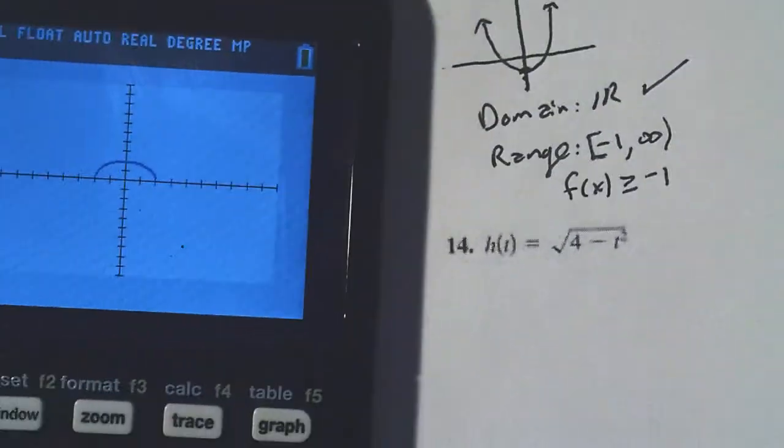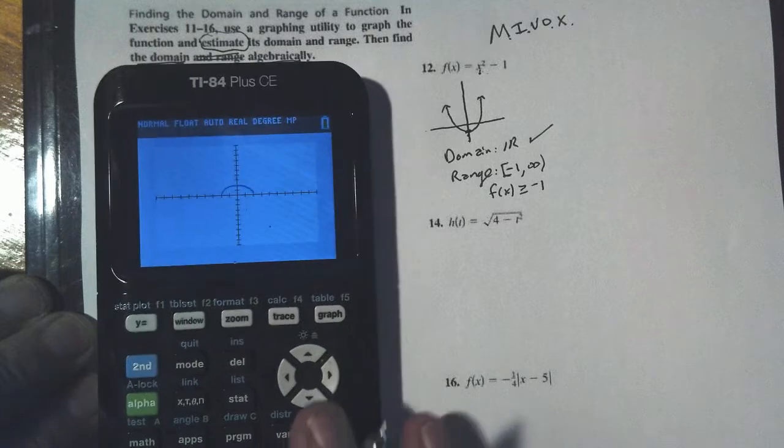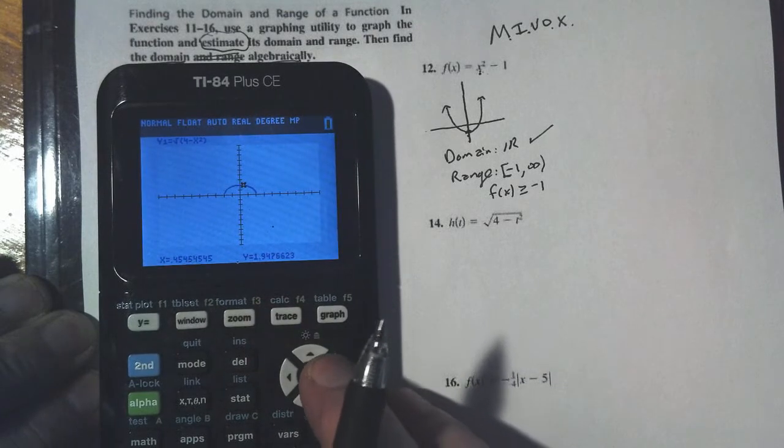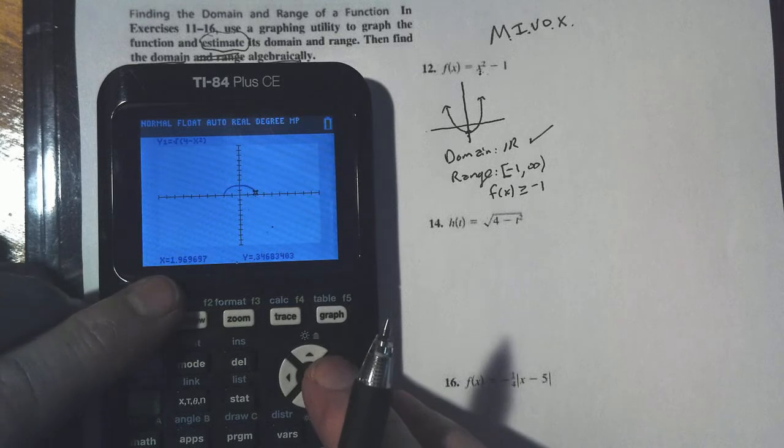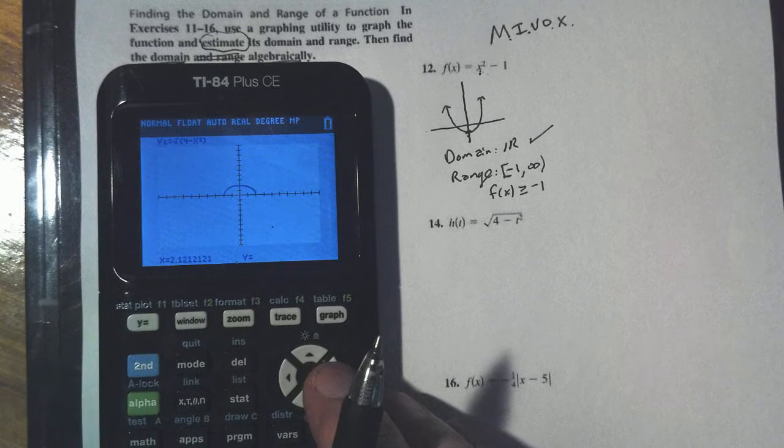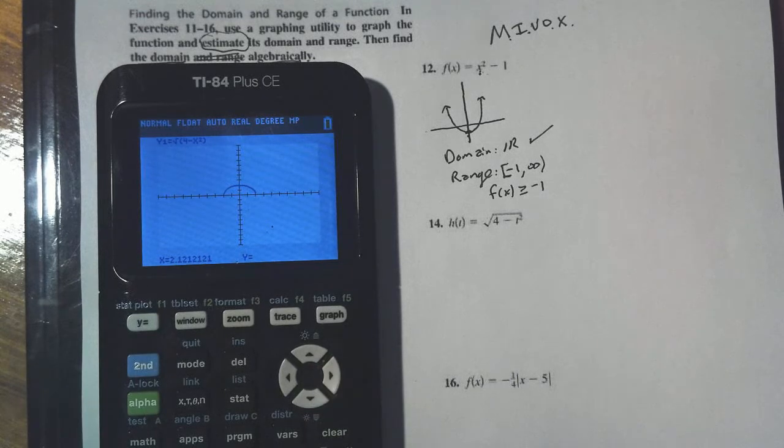So one thing we might be tempted to do is go to trace, and as I trace over, the graph exists, I'm at 1.8, 1.96, then I step over 2, and it doesn't exist. And the thought is, well, maybe it does exist at 2, the graph just stepped over.